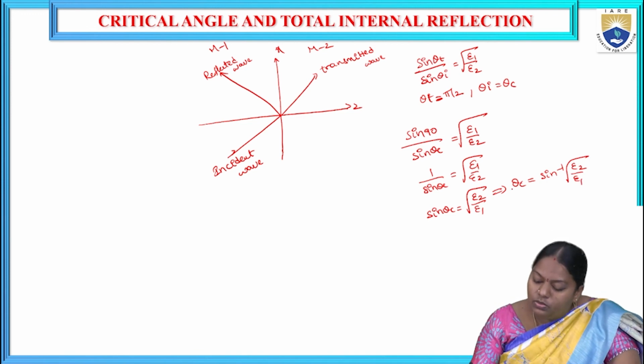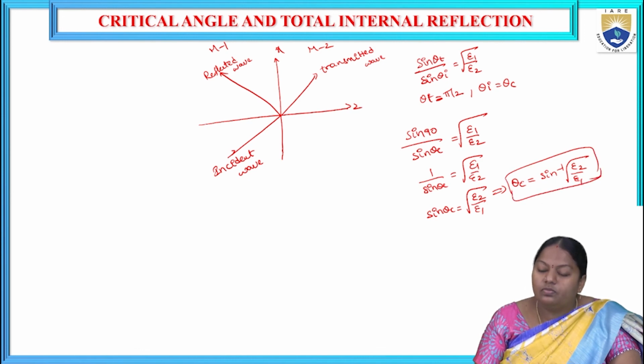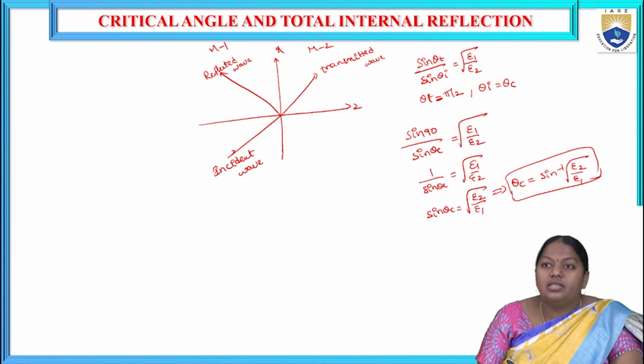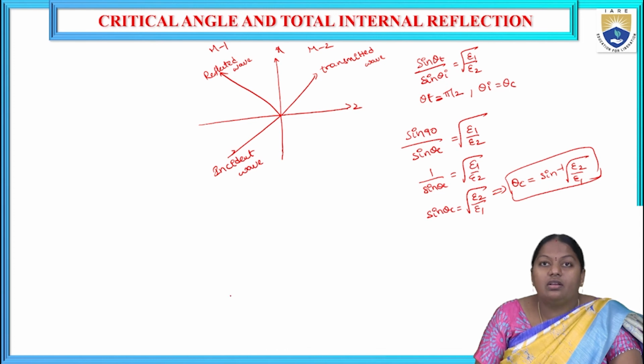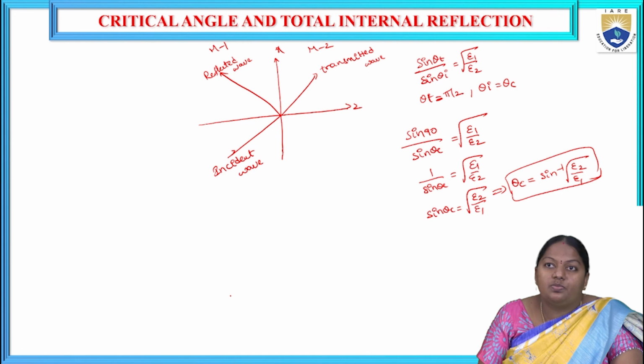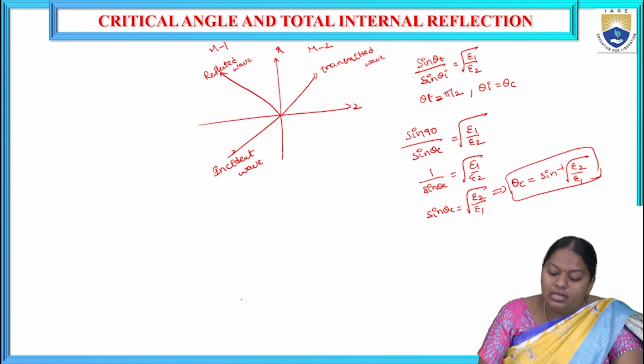So theta is represented with the angle and c stands for critical angle. How can we define this critical angle? The critical angle is the angle at which the total internal reflection takes place, when medium 1 is more denser than medium 2, when theta t is equal to 90 degrees and theta i is assumed to be theta c.